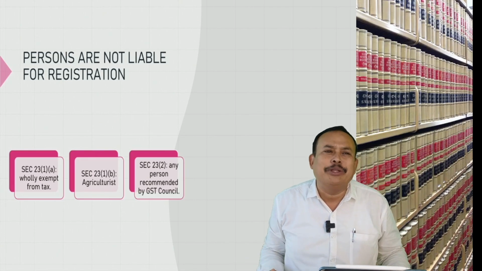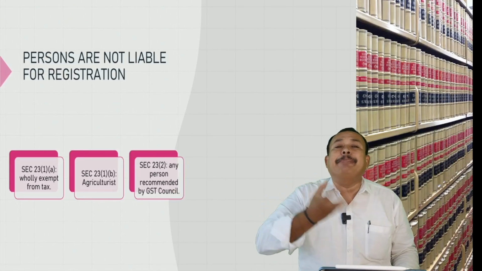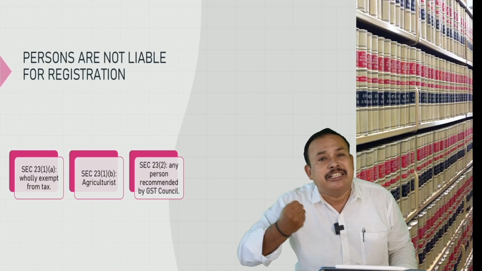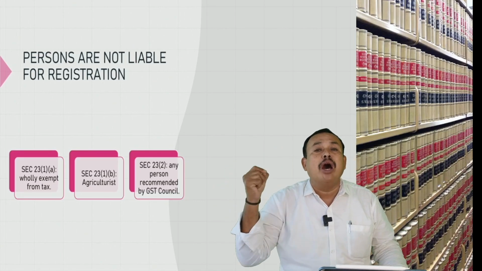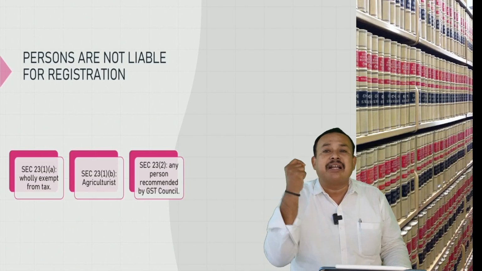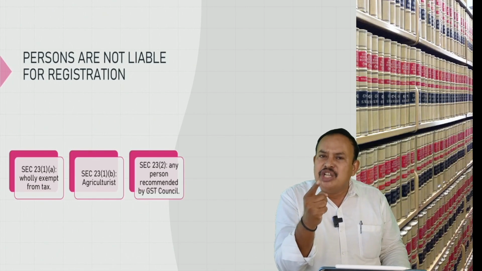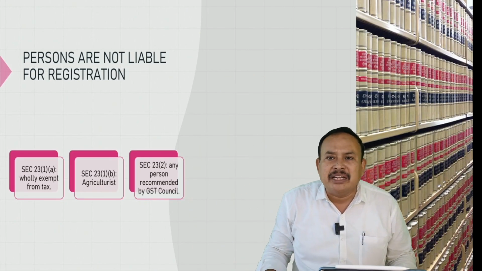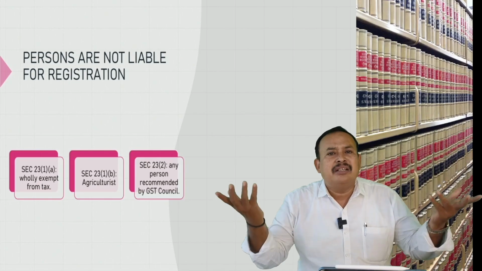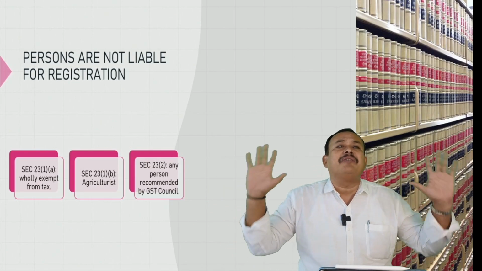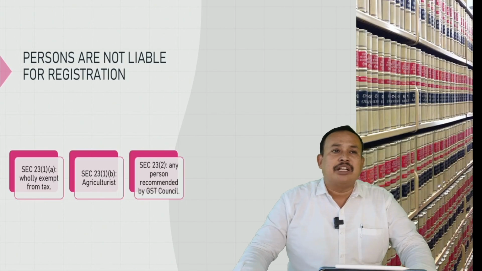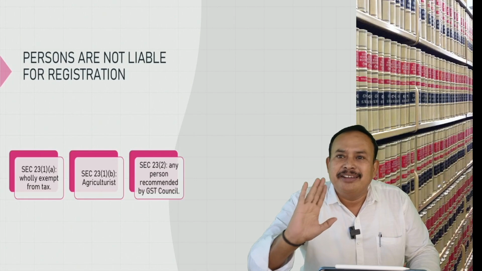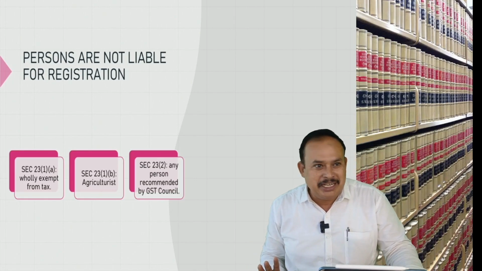No, they won't say. I'm telling you, my dear, the impact, the gravity of section 23 sub 2: tomorrow the GST Council recommends, hey government, you issue a notification, and that class of persons is not required for registration, then those people are not required for registration. So basically, section 22 requires registration, section 23 does not require registration. Got the clarity? Any doubt?